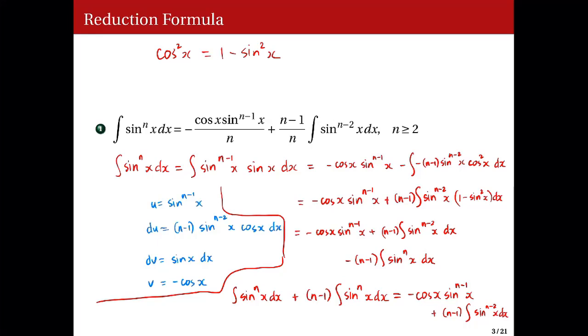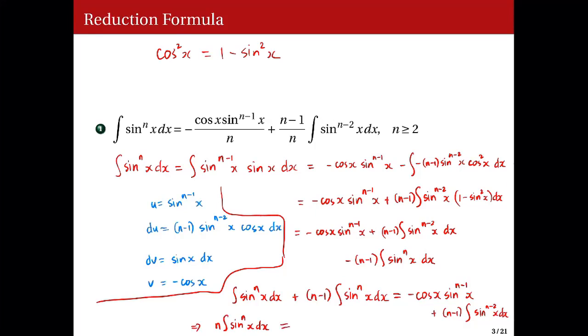And then from here, you just combine this guy and this guy. You have integral of sine to the n x dx plus n minus 1 integral of sine to the n x dx. If you combine this, you'll just get n, okay? So n integral of sine to the n x dx. That's for the left-hand side.